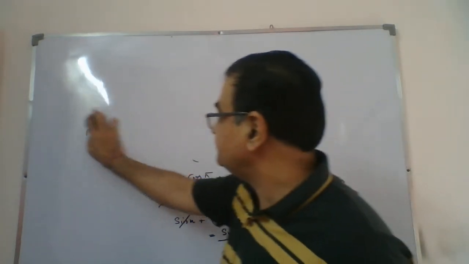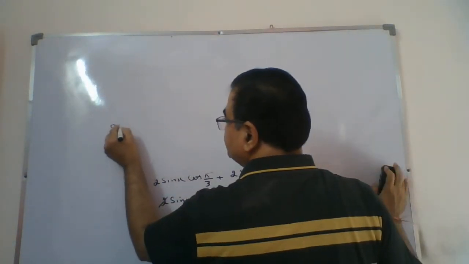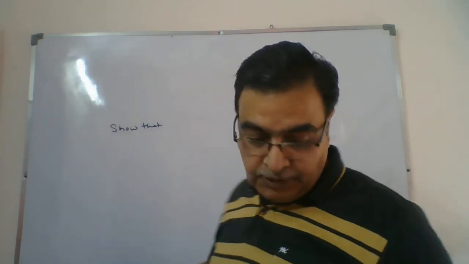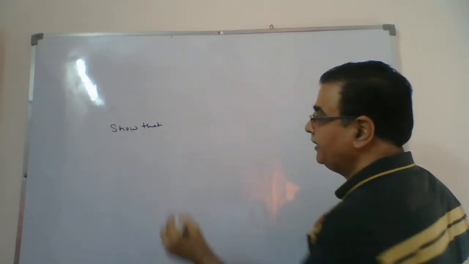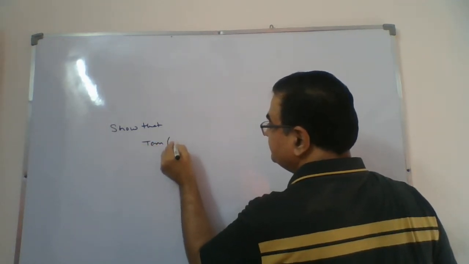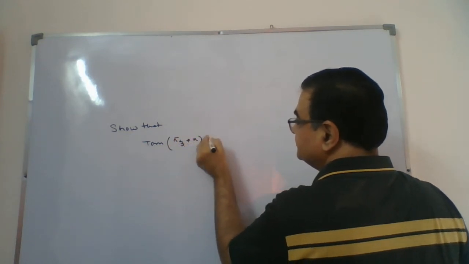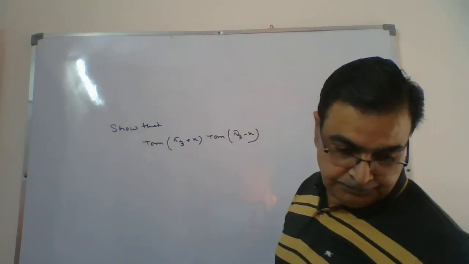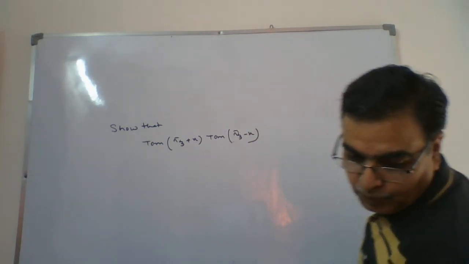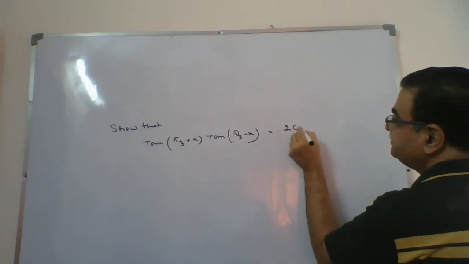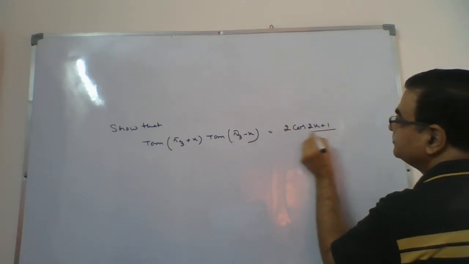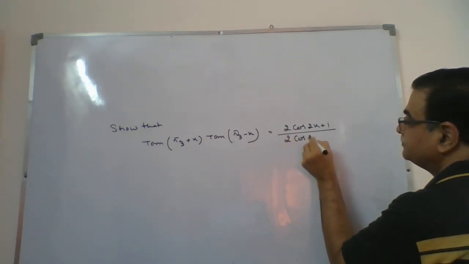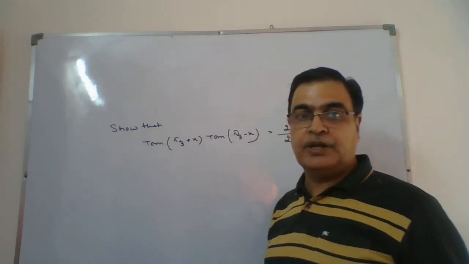Show that tan(π/3 + x) into tan(π/3 − x) is equal to (2 cos 2x + 1) upon (2 cos 2x − 1). This is the question we have.